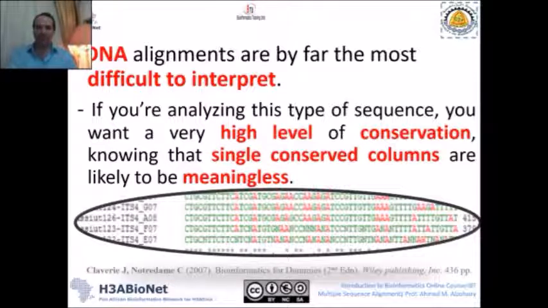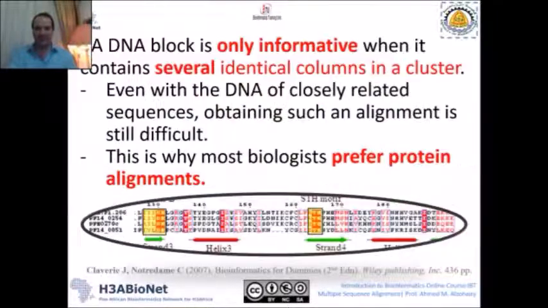So don't look only at single conserved columns, but always take a look at the block of conserved columns. This means something. That's why a DNA block is only informative when several identical columns in a cluster can be seen. But if it's 1 or 2 or 3, it doesn't mean anything, even with DNA of closely-related sequences.